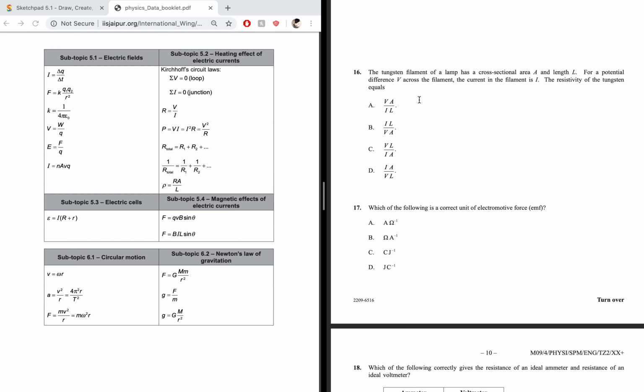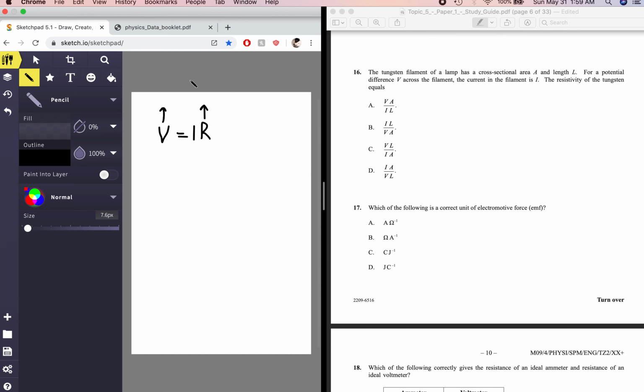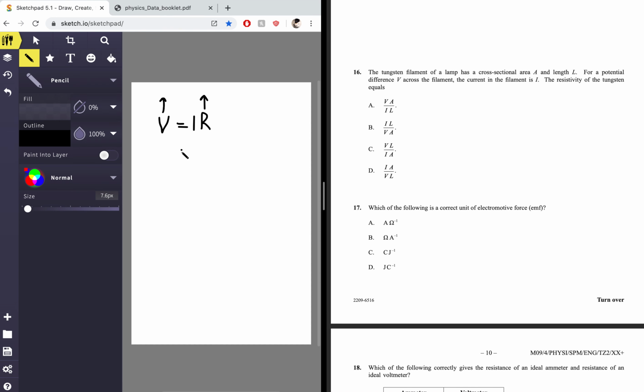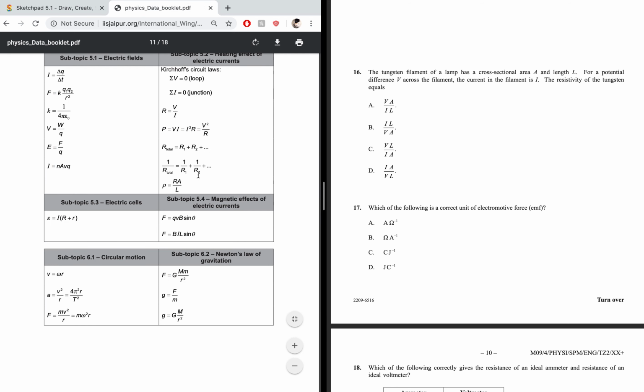We don't actually have R in any of our solutions, but V equals IR, so that means that R is equal to V over I. So we have to look for VA over IL. That looks like the first answer here.